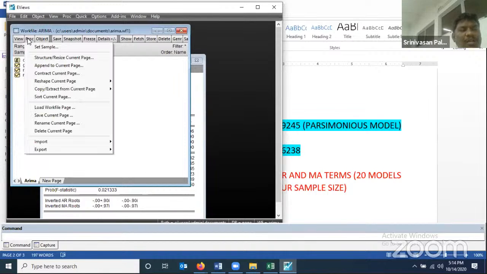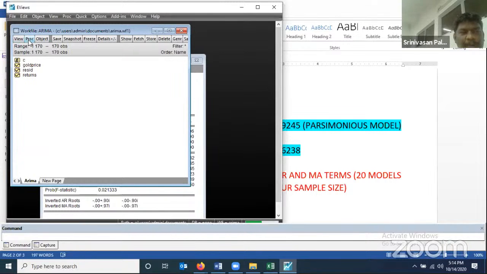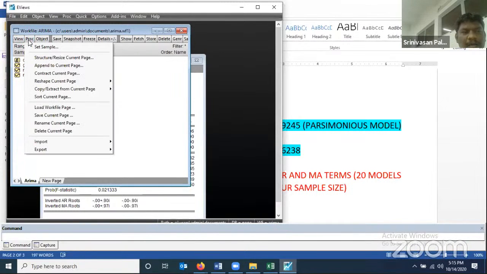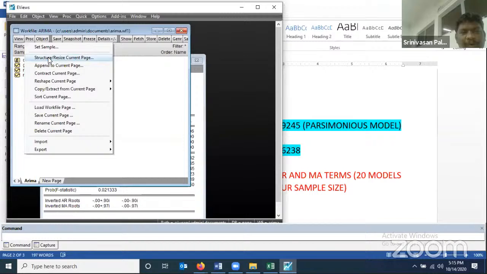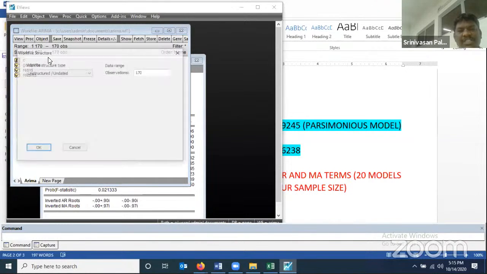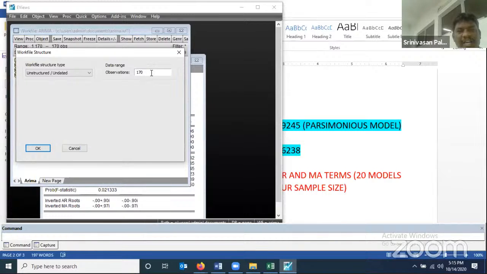Now I'm going to do the forecasting exercise. Can you see Proc here? I'm going to restructure the current page because I'll forecast the next 5 months; this is monthly data. 170 plus 5 is 175.